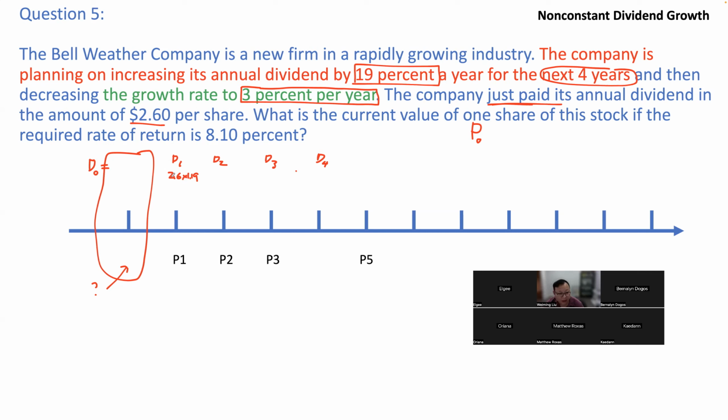Yeah, so you're going to multiply by the growth rate again. So 2.6 times 1.19 to the power 2. And then D3, you go 2.6 times 1.19 to the power of 3. And D4, 2.6 times 1.19 to the power 4. And D5, what about D5?